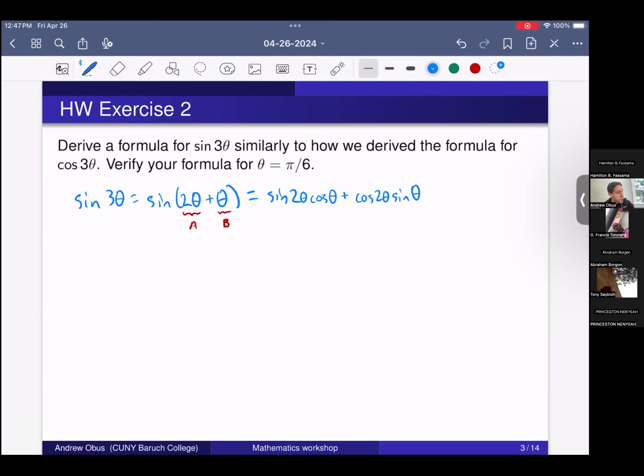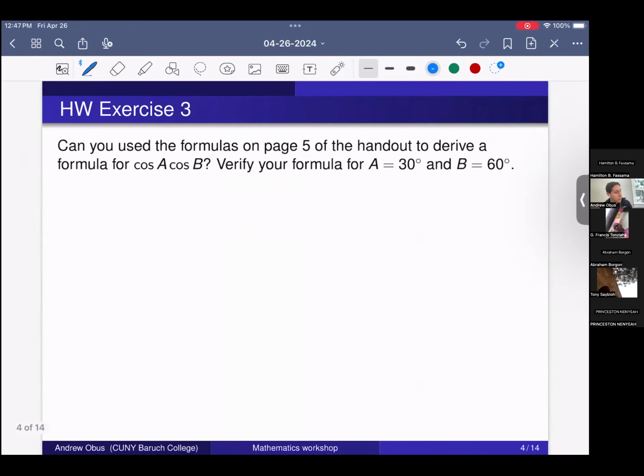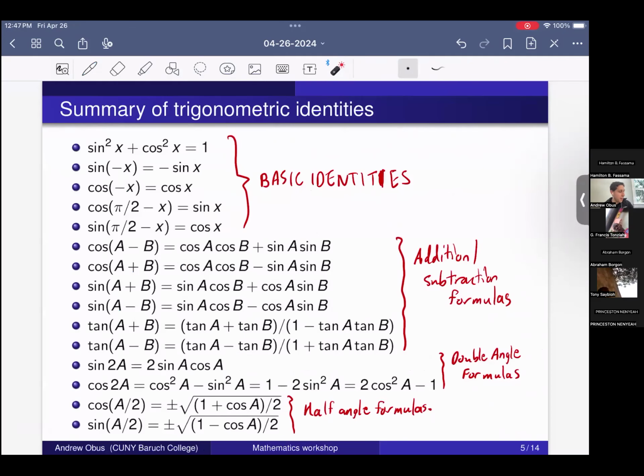And now sine of 2 theta, we have a formula for that also. It's written in terms of a, but sine of 2 theta is 2 sine theta cosine theta. Cosine of 2 theta has these 3 different formulas, and you'll get a slightly different looking formula depending on which one you use. All of them are going to be correct. They might just look a little bit different.